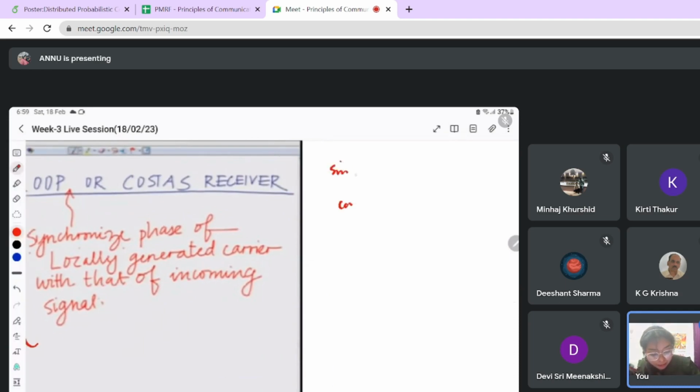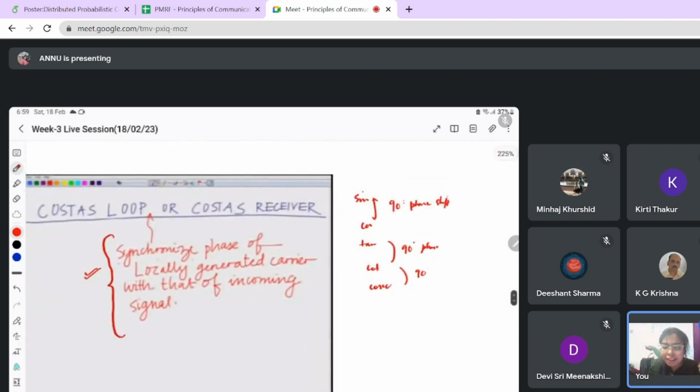But whenever the difference between these two is a 90-degree phase shift, you can try any other function like tan, cot, or cosec, to have a 90-degree phase shift. But everything comes down to sine and cos. Everything can be written in terms of sine or cos.